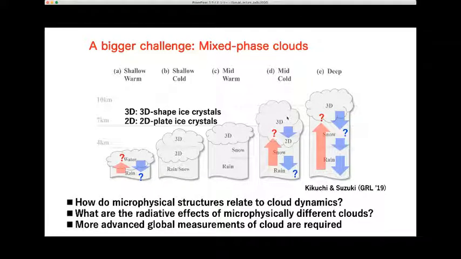But there is still missing information here. That's how these cloud microscopic structures relate to the cloud dynamics, and what the radiative effects of these different clouds are. So more advanced global measurements of clouds are required.